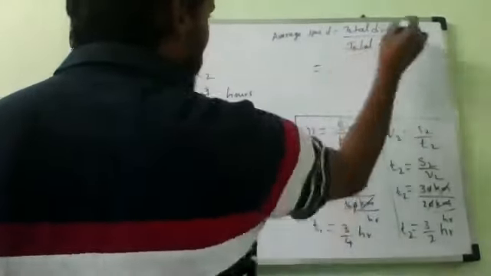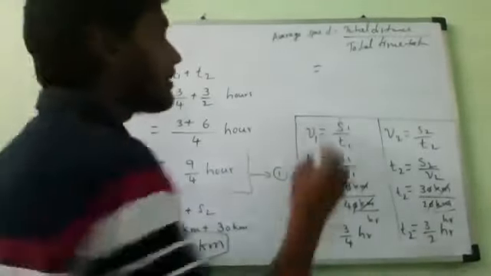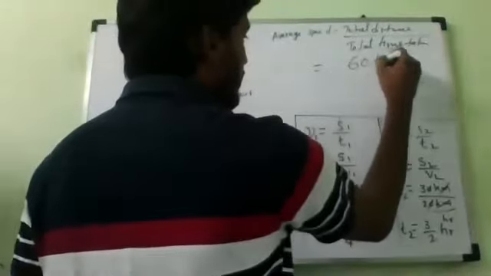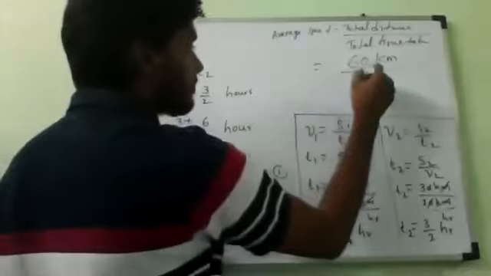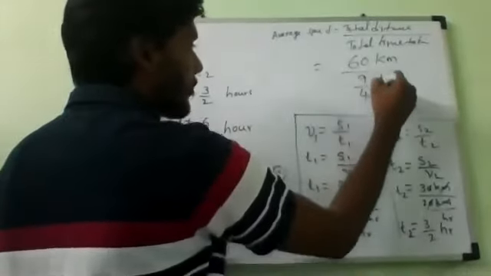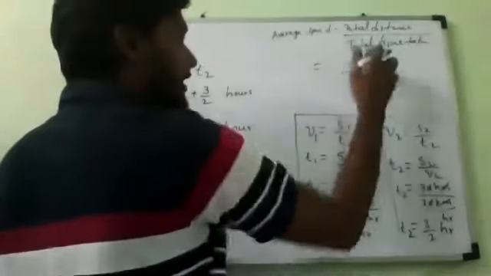Understand it? Now substitute it. Total distance is 60 kilometers. Divide by total time, which is 9 by 4 hours. Now, in mathematics, a division that again has a division becomes a reciprocal.